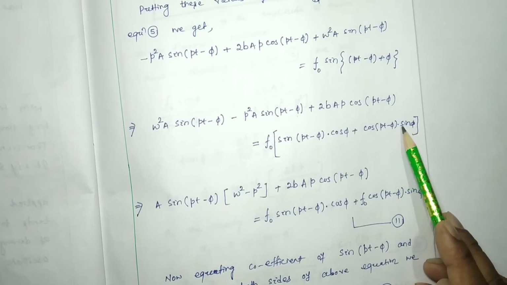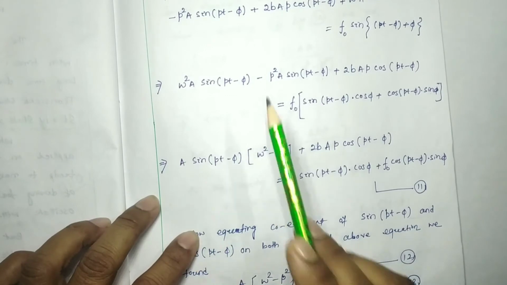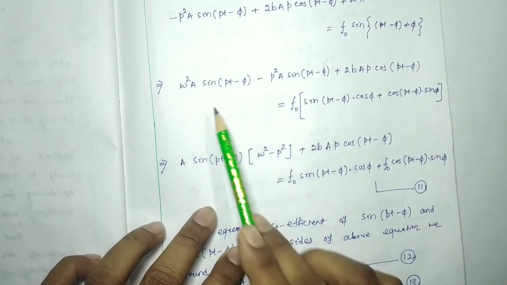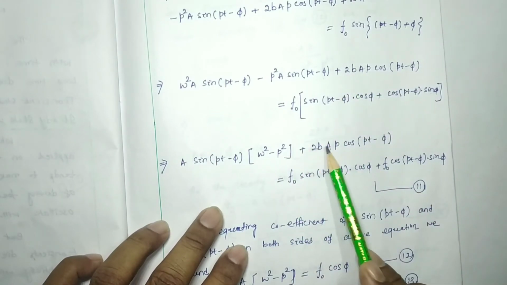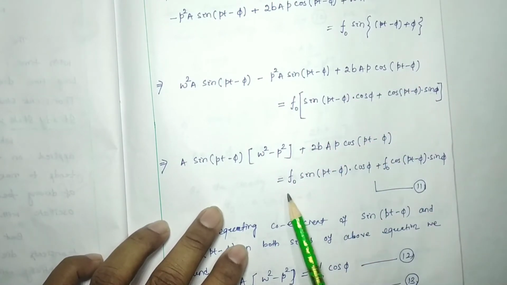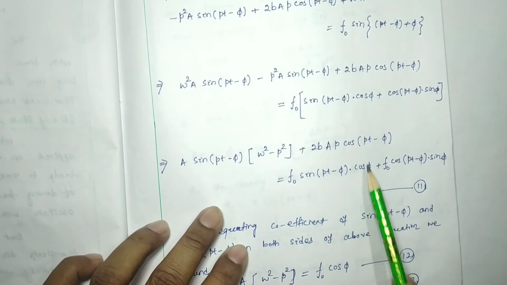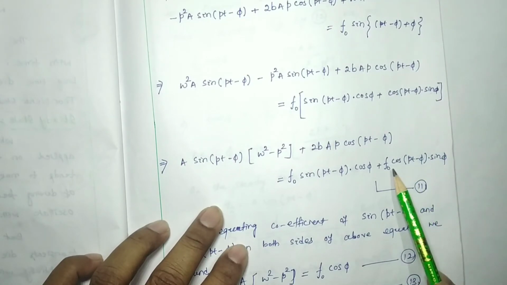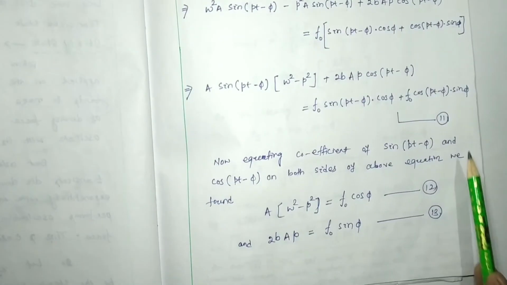Then taking a sin(pt minus phi) common from the two terms, we get omega square minus p square, plus 2b a p cos(pt minus phi), is equal to f0 sin(pt minus phi) cos phi plus f0 cos(pt minus phi) sin phi. Let it be equation number 11.